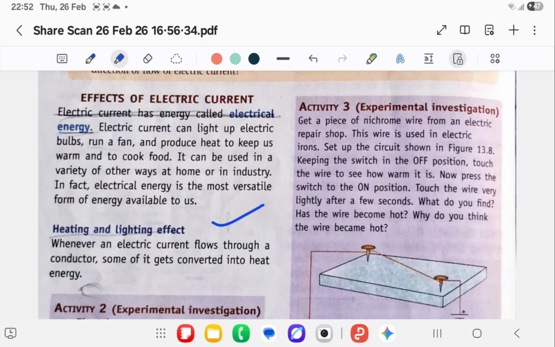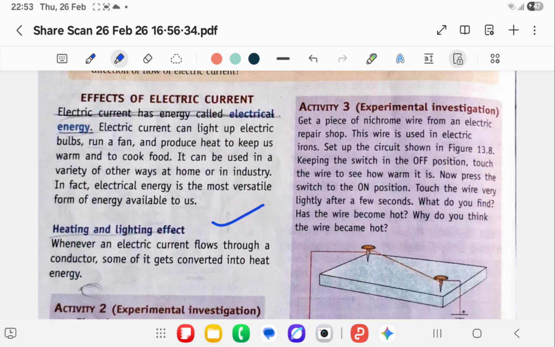Yes, it feels warm to touch. So the electric current passing through that appliance makes it warmer, makes it hotter at its place. Clear? So whenever you pass current through any wire or any appliance, the first effect is the heating effect. It gets heated, it gets hotter.